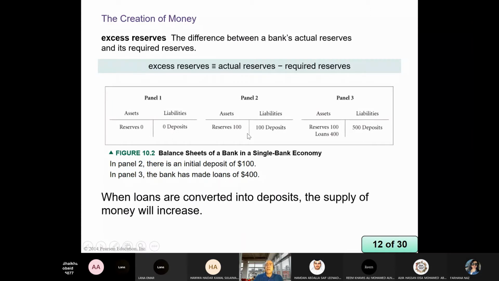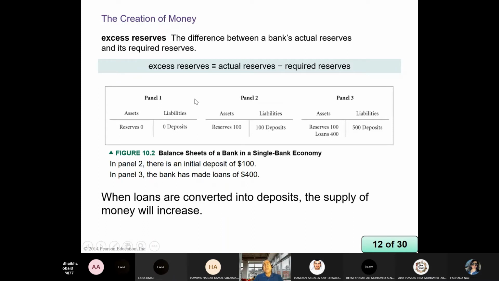Look here at panel 2. Since the deposit is 100 and the required reserve ratio is 20%, the excess reserve here is 80 dirhams. For this reason, the commercial bank takes this advantage to give more loans.